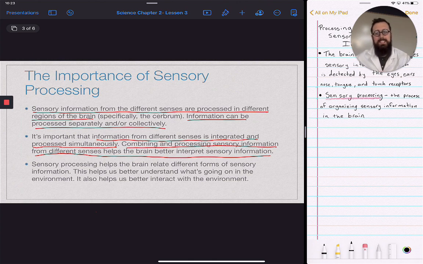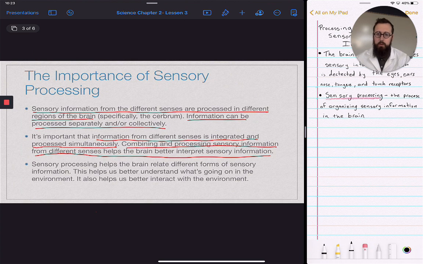Information can be processed separately or collectively. It's important that information from different senses is integrated and processed simultaneously, which means at the same time. Combining and processing sensory information from different senses helps the brain better interpret sensory information.